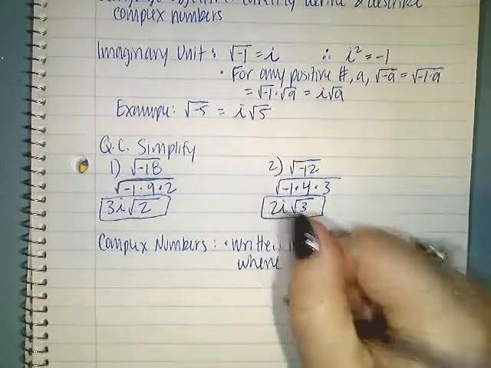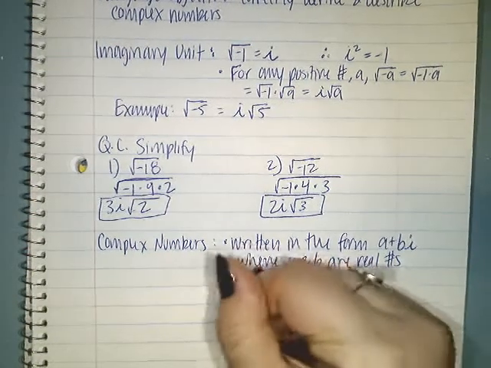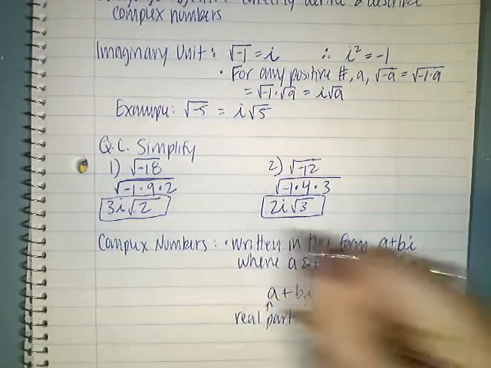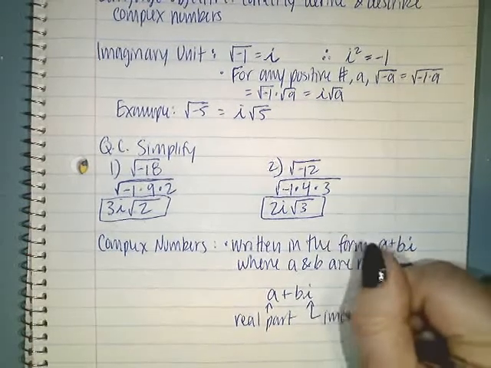So we'll have a plus bi. This is the real part. And this is the imaginary part.